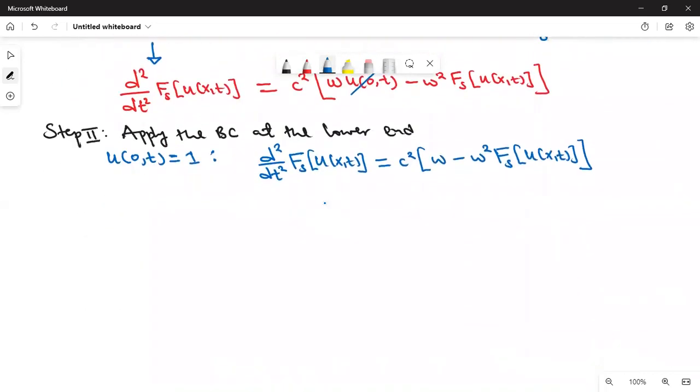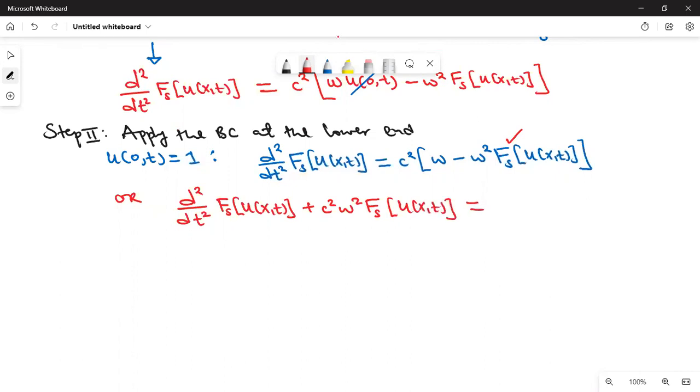You can also rearrange this so that d squared dt squared of the Fourier sine transform of u of x t, then taking this term to the left-hand side, becomes plus c squared omega squared times the Fourier sine transform of u of x t. And on the right-hand side, we now have c squared omega.